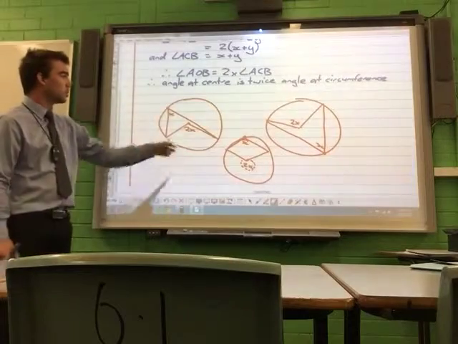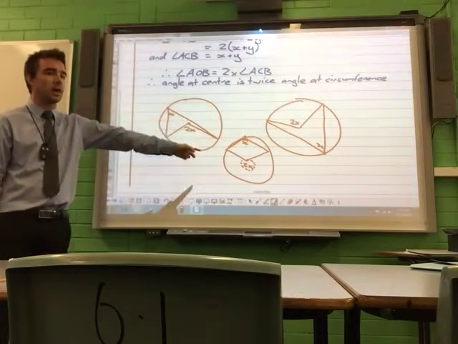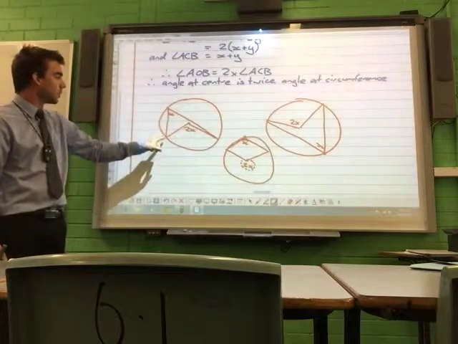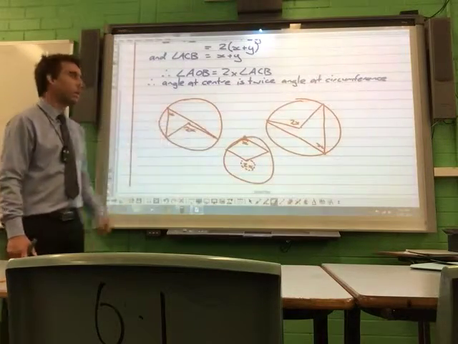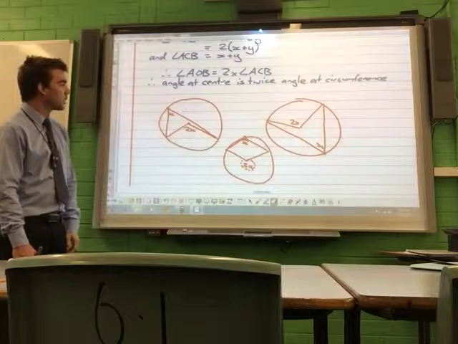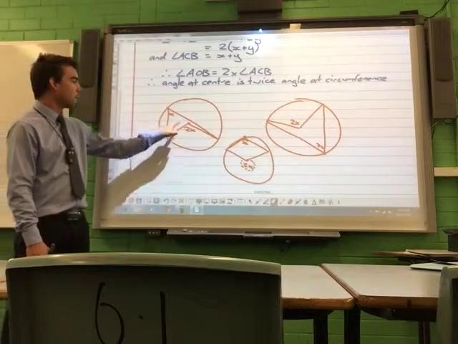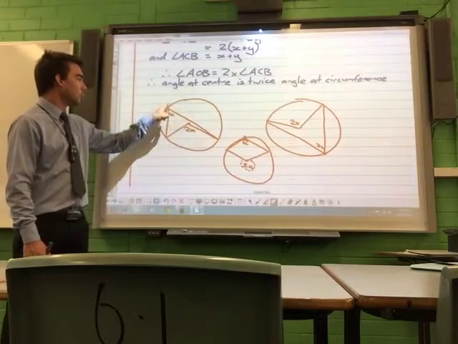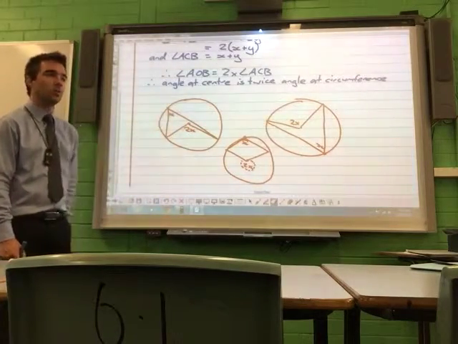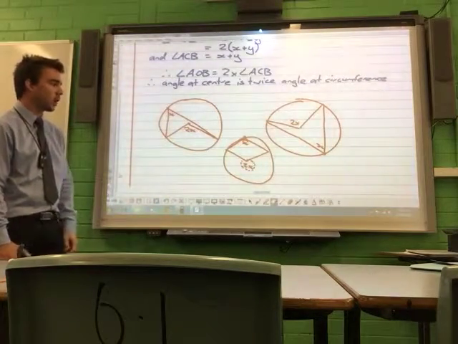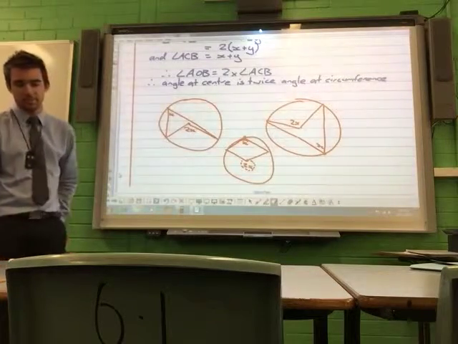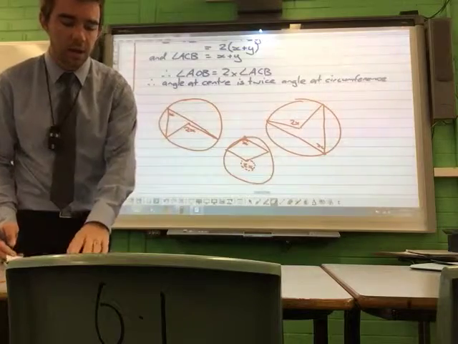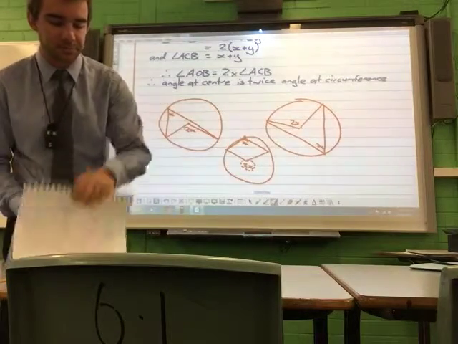We drew a circle, centre point, radii out, then we picked another point on the circumference and we joined the end of the radii to that point on the circumference. So this angle formed by the radii is double the angle that gets formed at the circumference, and that will work for any instance. So that was a quick recap on what was done last lesson.